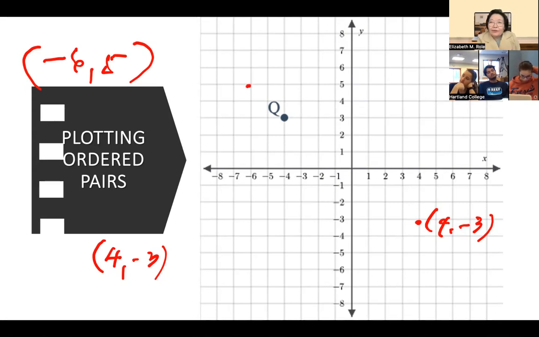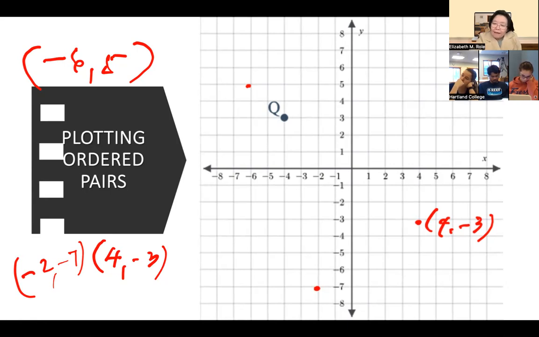That will be our point. If I have (-2, -7), I go to the left 2 and go down to -7.